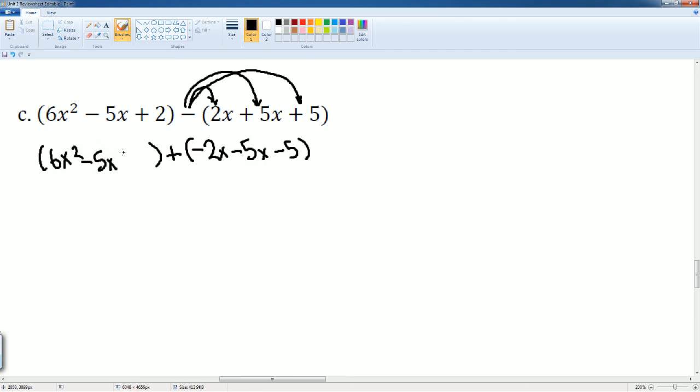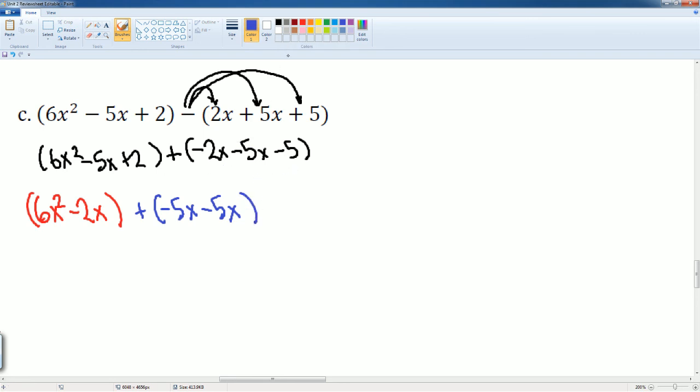At this point, we can now combine our like terms. We have 6x squared minus 2x. Then we have our blue, which is going to be negative 5x here. And we have a negative 5x here.